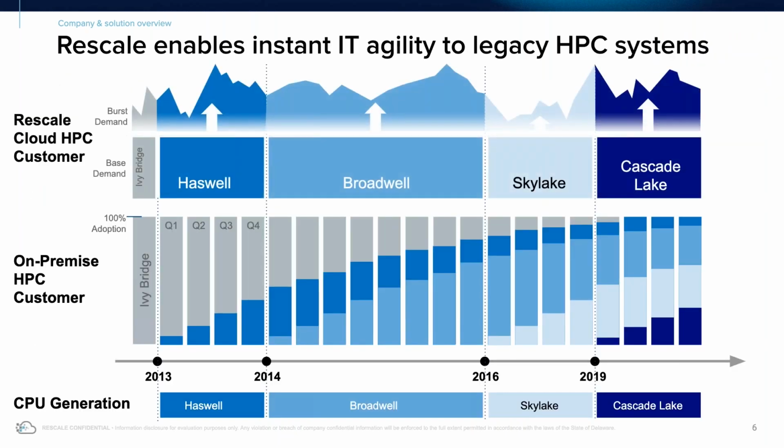Now, in the cloud, data centers are much, much bigger. Once Haswell hits the floor at the cloud providers, there's really nothing stopping you from switching your entire workload onto that architecture. And when Broadwell comes in, you can immediately take advantage.